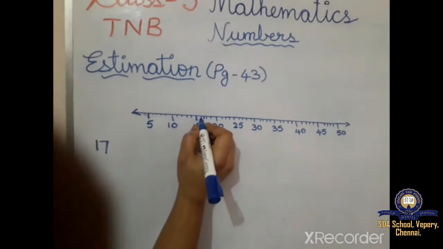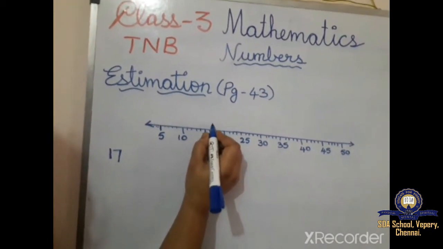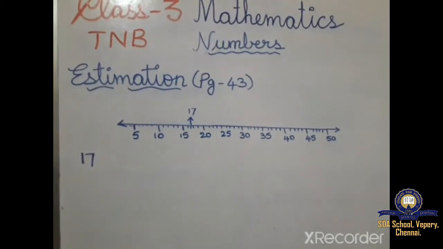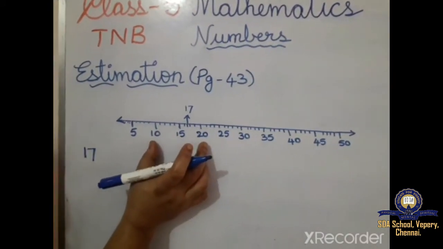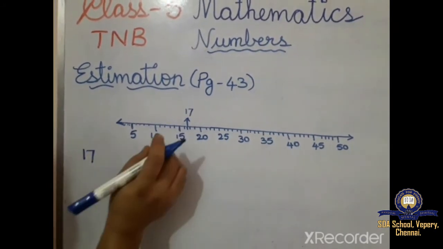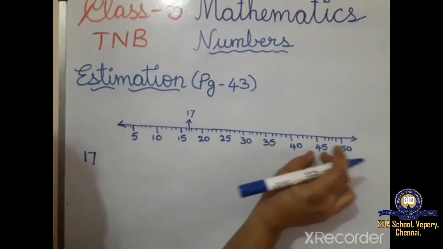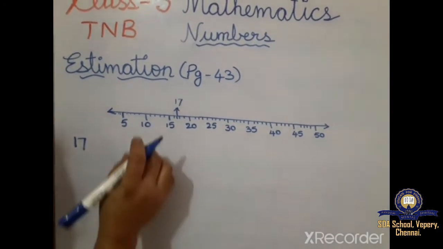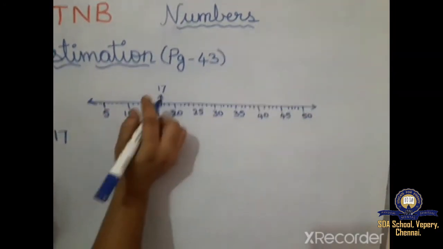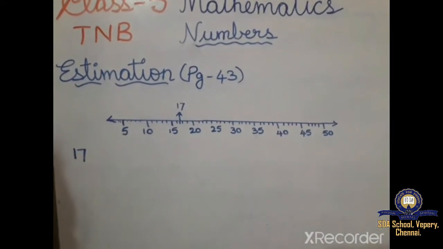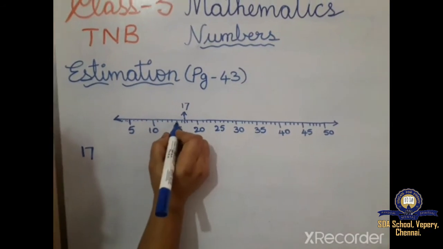So 15, 16, 17. Always the number should be in tens: 10, 20, 30, 40, 50, like that till 100. So this number is in between 10 and 20. The middle number is 15.